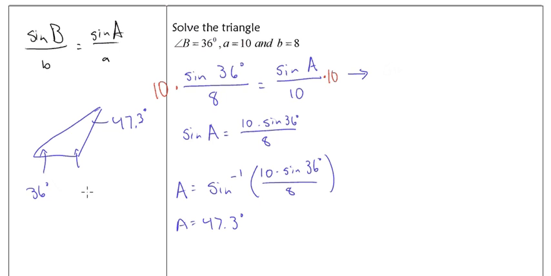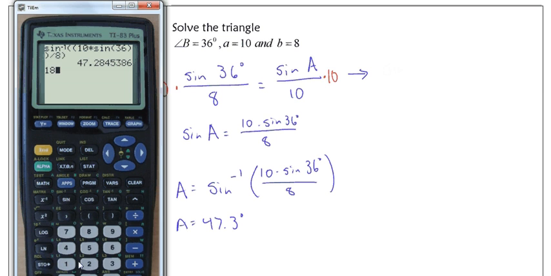Then this one here needs to be 180 minus 47.3, and then that minus 36 degrees. So it is 180 minus 47 plus 36.